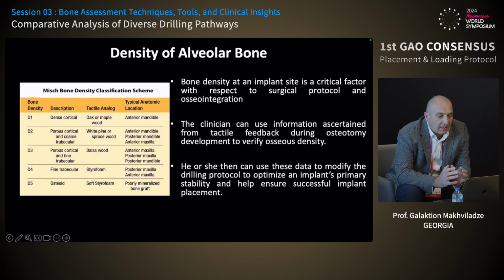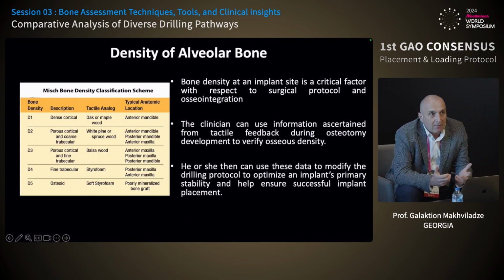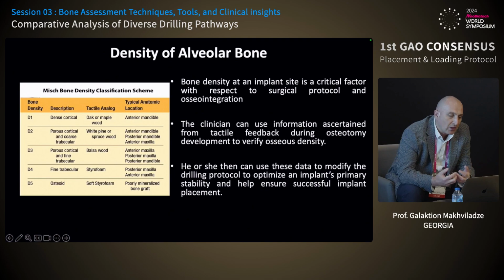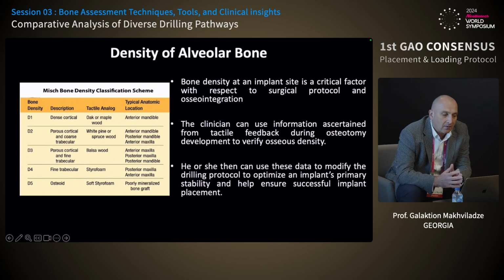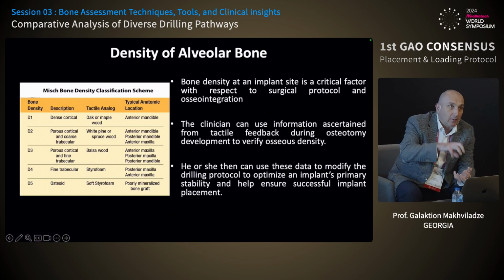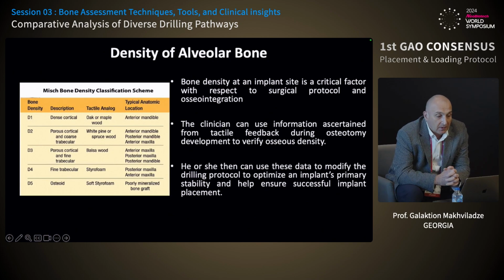But bone density is a critical factor during our procedure, because as clinicians we can gather information during drilling, during the osteotomy, and verify what kind of density we are dealing with. Then we must modify our protocol and drilling procedure, how to place the implant in a proper way and get the maximum bone-implant contact. This tactile feedback from the twist drill can provide critical information for us.